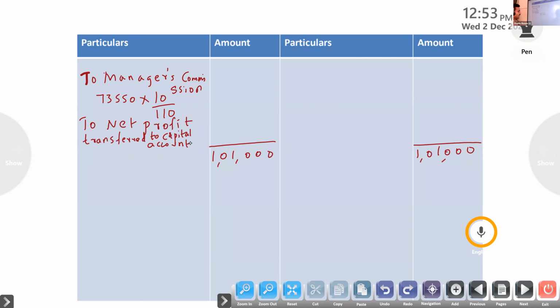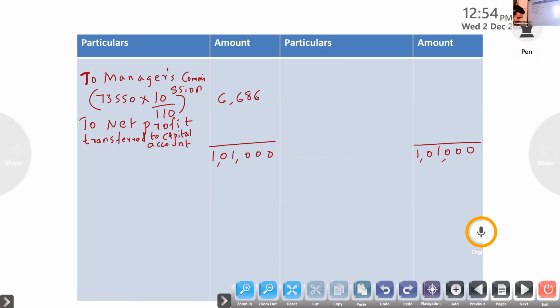Manager's commission, Karthik? 73,550 into 10 by 110. 6,686.3 will come.